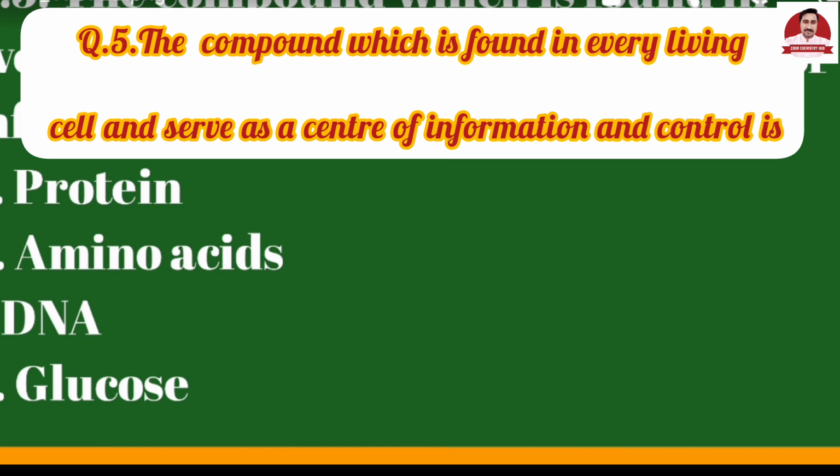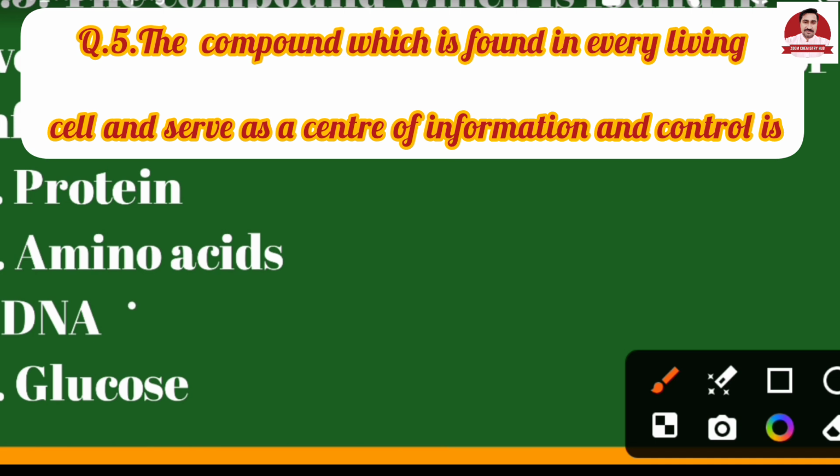And we know that the compound which is found in every living cell and serves as a central information and control, coordinating all their functions and all their hereditary processes, is DNA. So option C is correct.